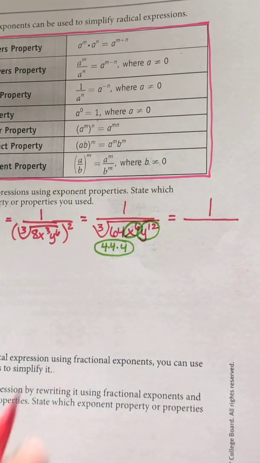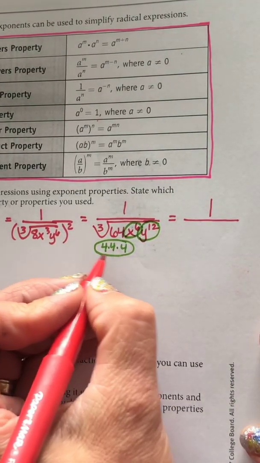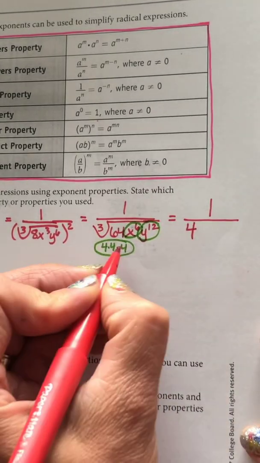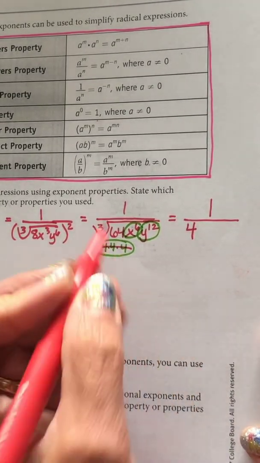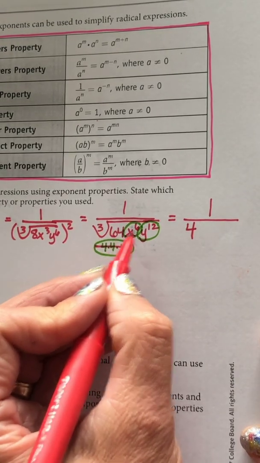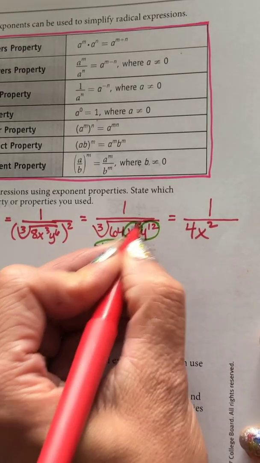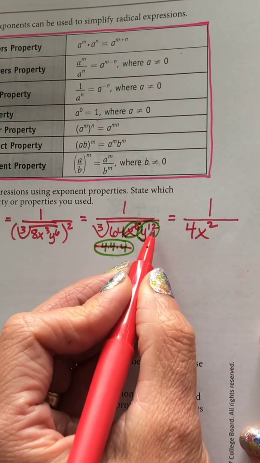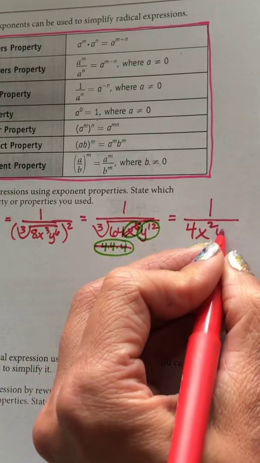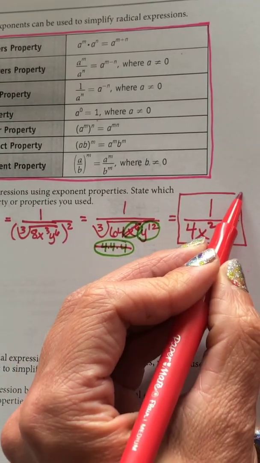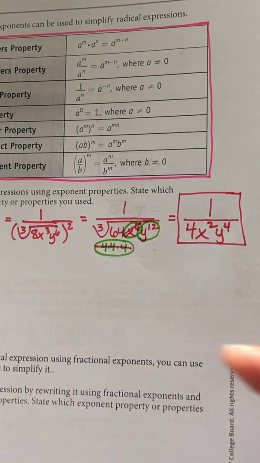Okay, so the cubed root of 4 times 4 times 4 means a 4 gets to come out, because we have a group of 3s, 3 4s. The cubed root of x to the 6th, 6 divided by 3 is 2, so we'll have an x squared. Y to the 12th cubed root, 12 divided by 3 is 4, so we'll have a y to the 4th. So 1 over 4x squared y to the 4th is the answer.